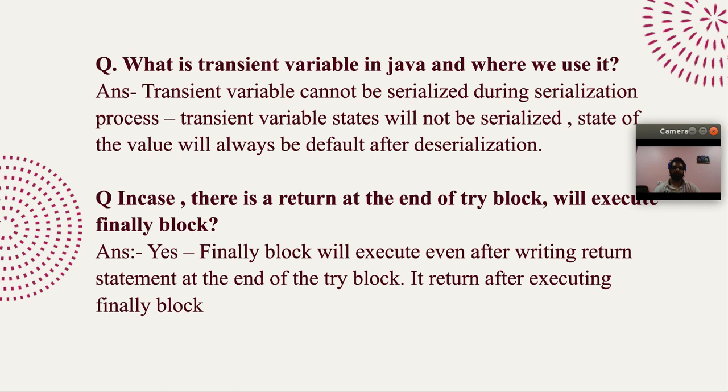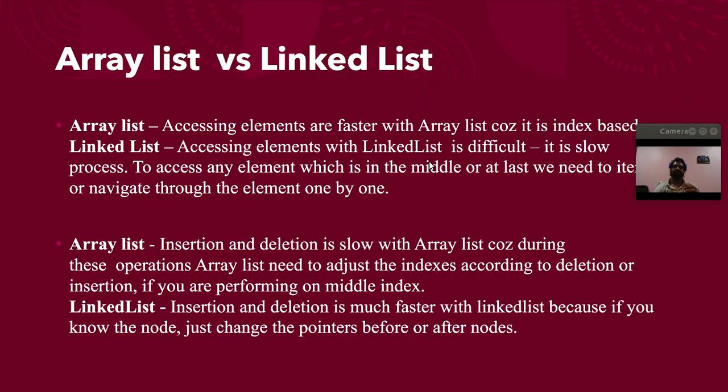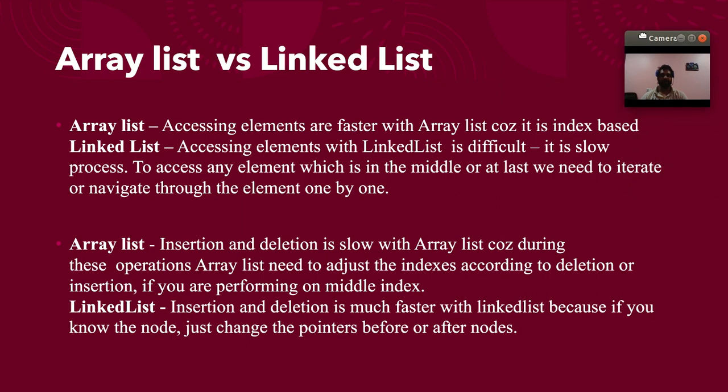So the next question was, what is the difference between an array list and a linked list? So basically, the array list is used where we have to access some element from a collection, then we can go for the array list.